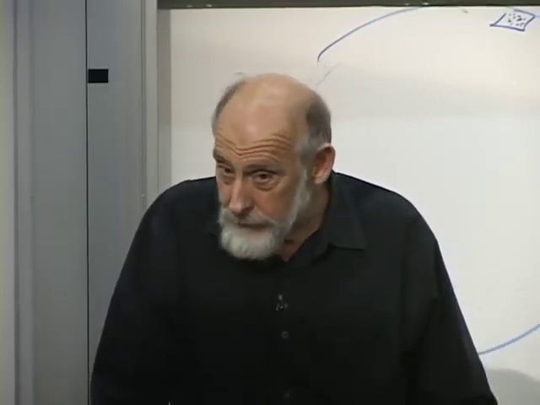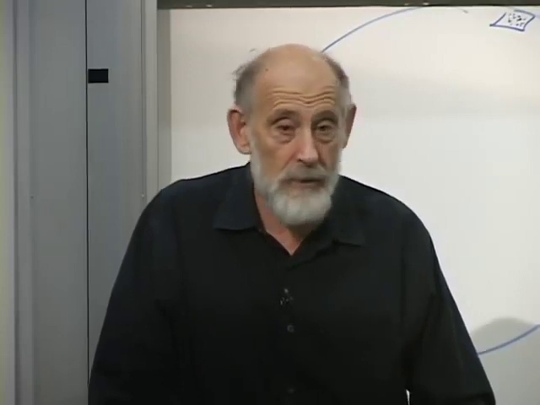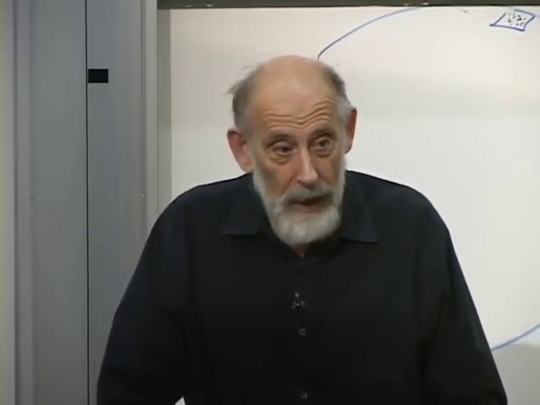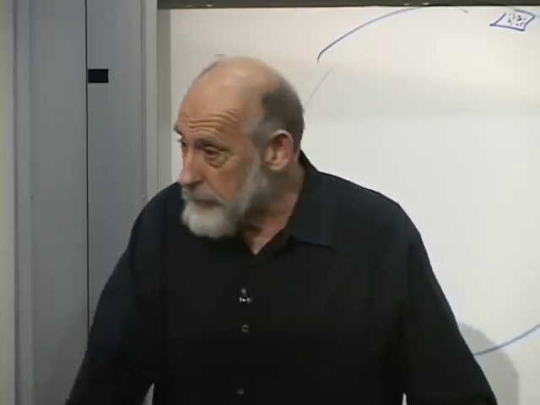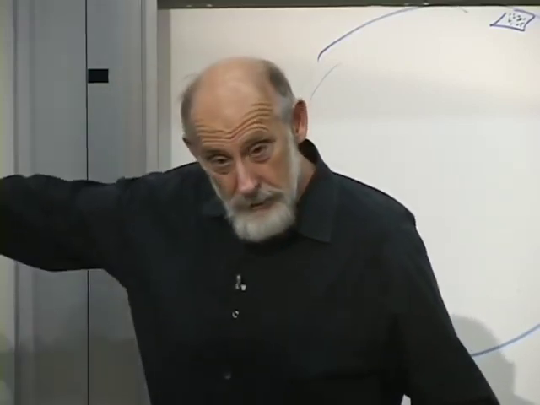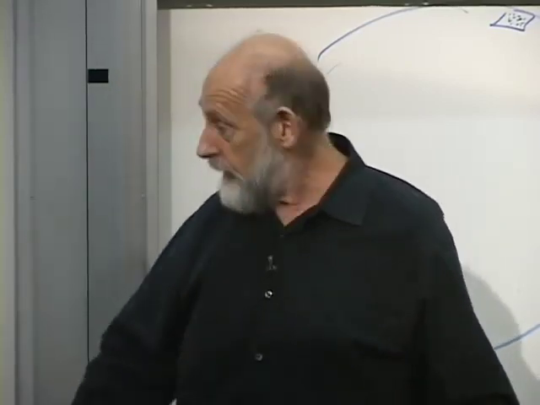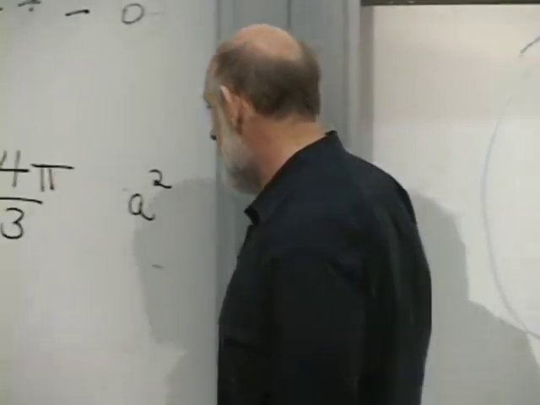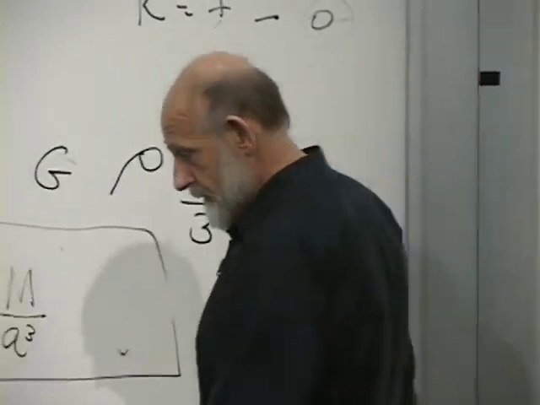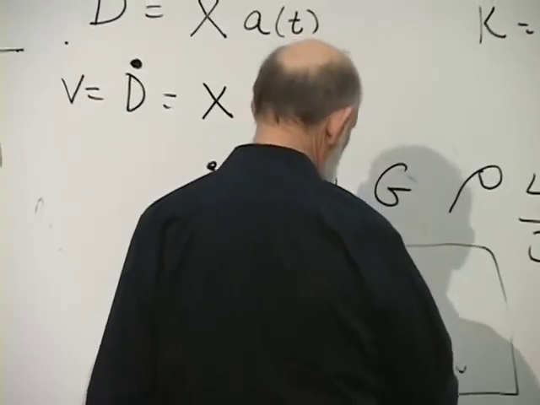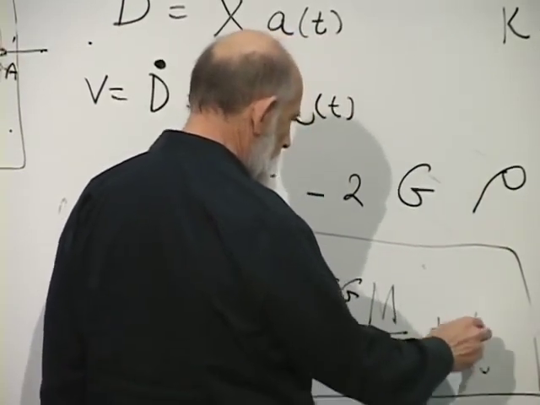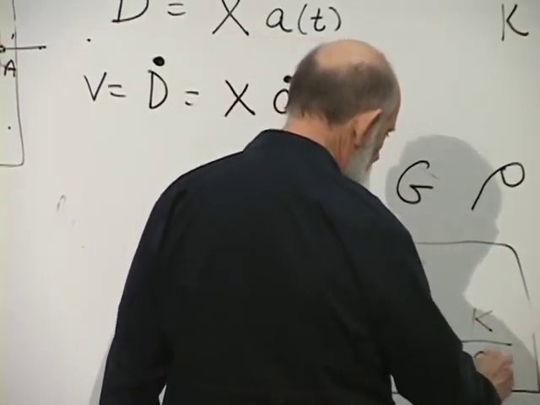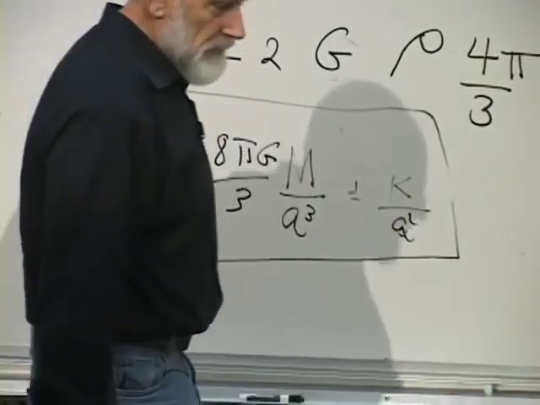We'll talk about the curvature of space, and we'll talk about Einstein's equations and the relation between Einstein's equations and Newton's equations. Basically, as you might expect, plus or minus, I can't remember, k divided by a squared, this is one of the Einstein equations.